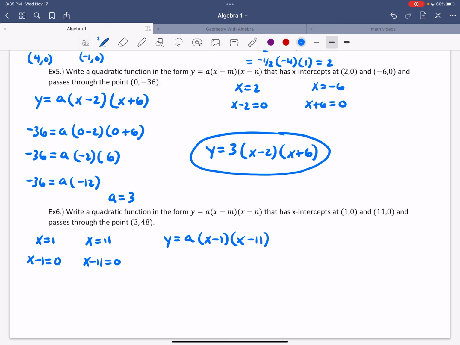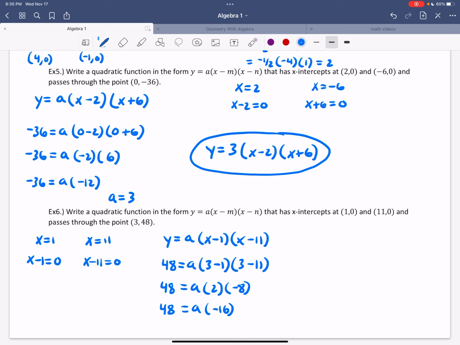So now to find a, that's what they give you the second point for. You plug and chug. So you know that y equals 48 when x equals 3. So I plug a 48 in for y and a 3 in for each x, and then we simplify. 48 equals a times 2 times negative 8. So that gives me 48 equals a times negative 16.